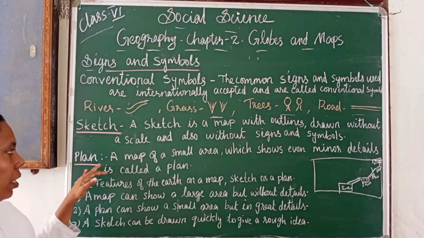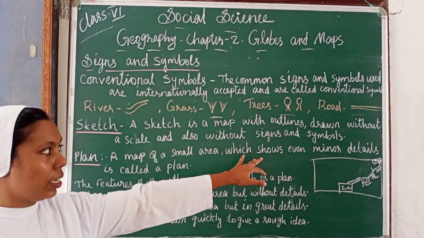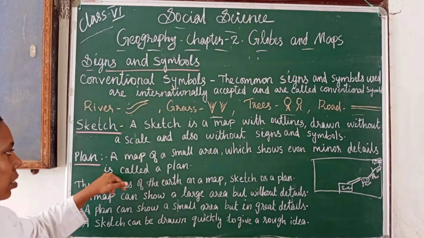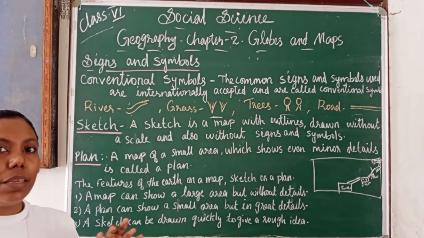And next you can see a plan. A map of a small area which shows even minor details is called a plan. For a small area, we show all the minor details.